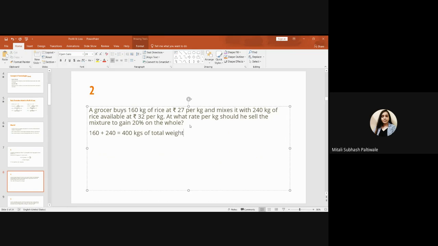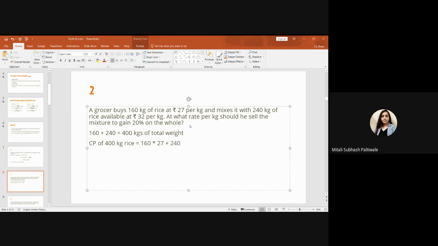Now the CP of 400 kg rice would be 160 kg at rupees 27 plus 240 at rupees 32.